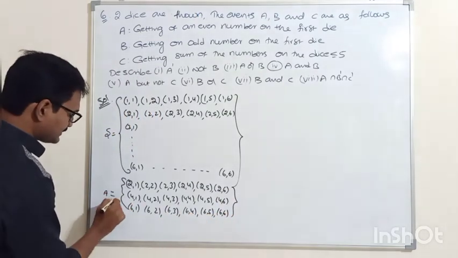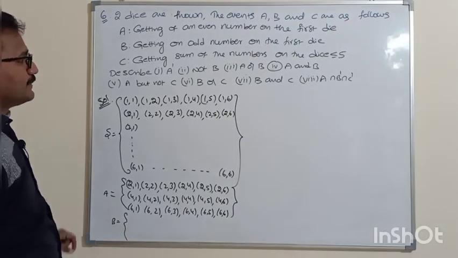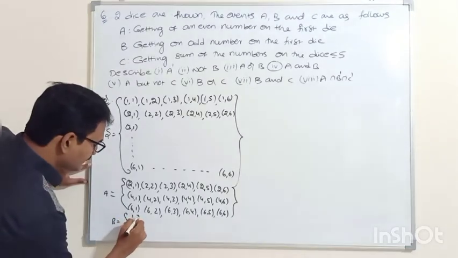Next, similarly, what is set B? Set B is getting an odd number on the first die.